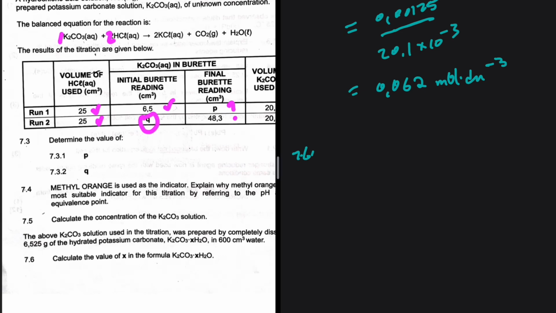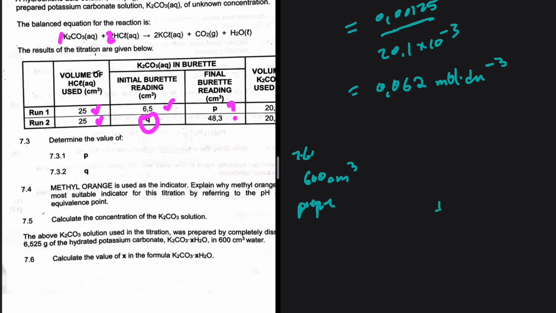And then the question says calculate the value of X in the formula. So, okay, this is what I'm thinking. The volume that this mass was dissolved in is 600 centimeter cube, right? But the volume that was used, I don't even know how to name these things. So this is the volume that was used to prepare.